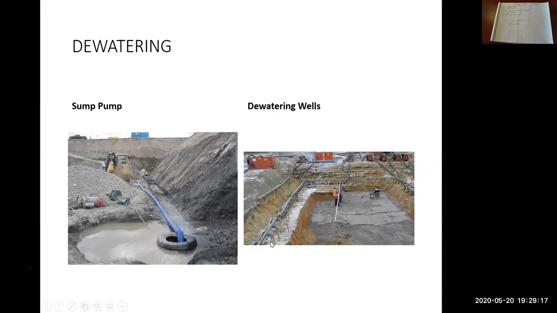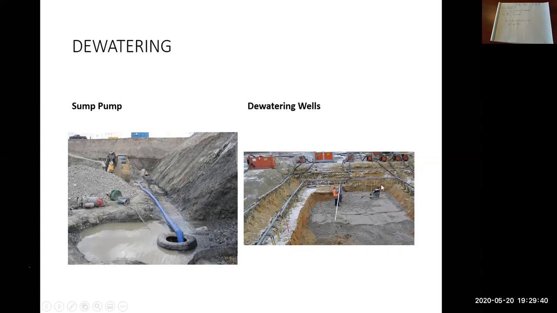Sorry, this is a vacuum type system. Those are individual pipes that go into the ground with holes in them that allow the groundwater in. And then there's a pump up here that creates a really big vacuum, so high suction. So it's sucking on all of these header pipes, which in turn suck on all these down pipes into the ground.